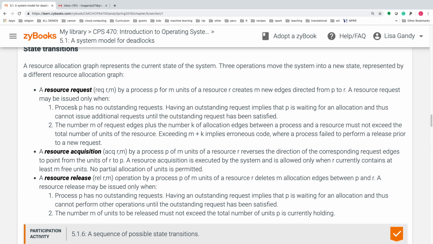So this is just saying you can have a request, but if there's not enough units of the resource, then you're going to be blocked on the resource. That's all this is. Resource acquisition only happens when you have a certain number of free units. So if there's R requests, you have to have R free units. These are kind of common sense things.